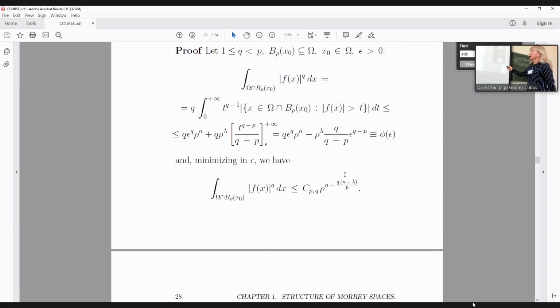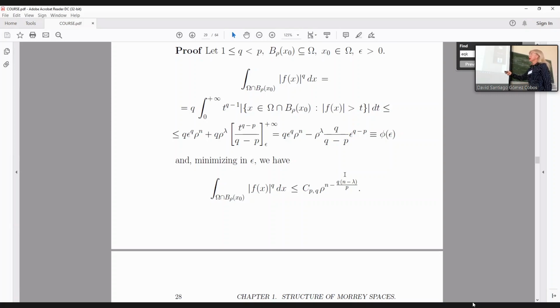Then the second integral between epsilon and plus infinity can be majorized with this quantity q, rho lambda, and the variable t with exponent q minus p over q minus p. This, calculated between epsilon and plus infinity, gives us this quantity phi epsilon.